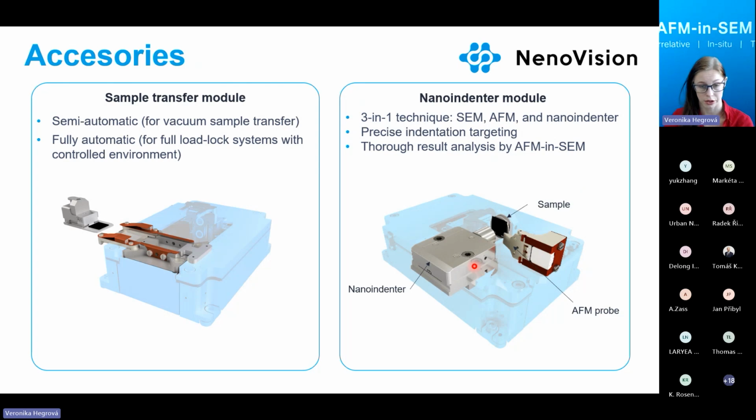And the nano indenter is over here from the side. So it allows precise indentation targeting and result analysis by AFM-in-SEM, thanks to the possibility to measure the topography or, for instance, magnetic properties before and after the indent is done.